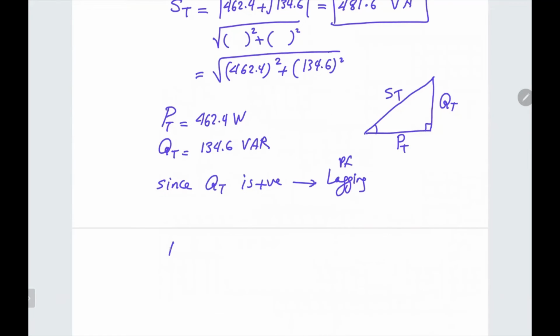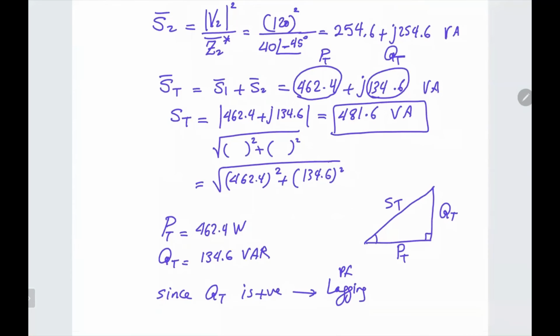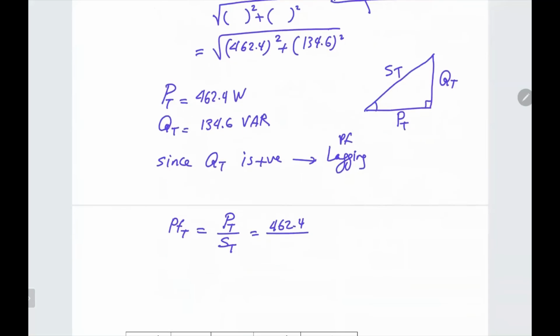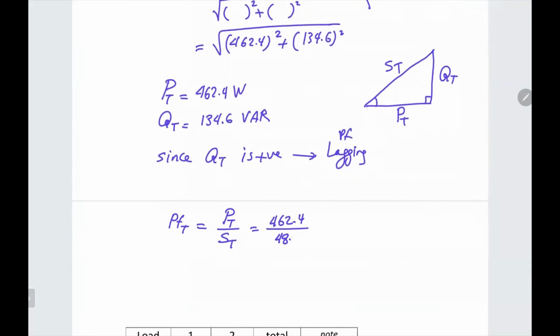So how can you find the total power factor? Exactly. Divide the active power, the watts, over the total VA. So it's equal to total power over apparent power. Total power is equal to 462.4 divided by S total, which we just got, 481.6, watt over VA.